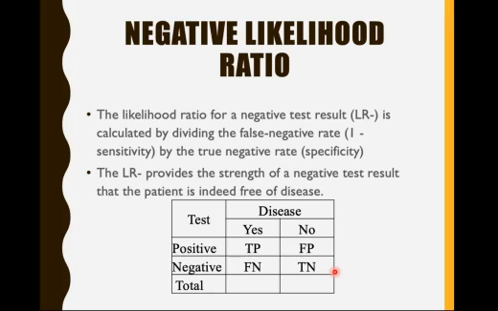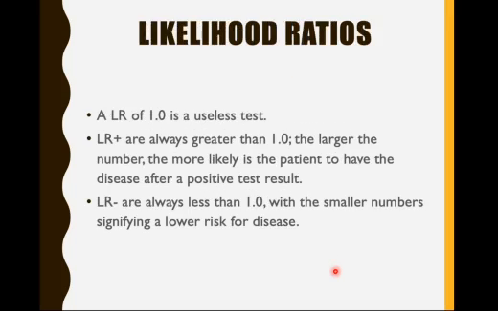You will note that with predictive value of a negative test, if the test is negative, what is the probability that the patient does not have the disease? But with negative likelihood ratio, if the test is negative, what is the likelihood that the patient has the disease? Not does not have the disease. What is the likelihood that the patient has the disease if the test is negative? Okay, I would like you, class, to have that concept to be able to understand this likelihood ratio.